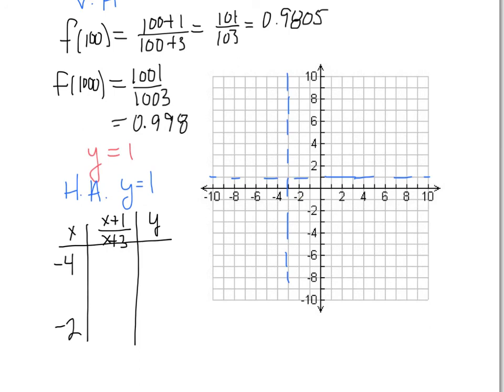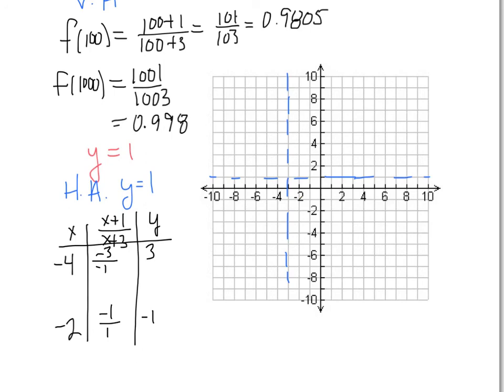Plugging in negative 4 gives me negative 3 on the numerator, negative 1 on the denominator, which is positive 3. Plugging in negative 2 gives me negative 1 over 1, which is negative 1. Now I have two points I can plot on my graph.